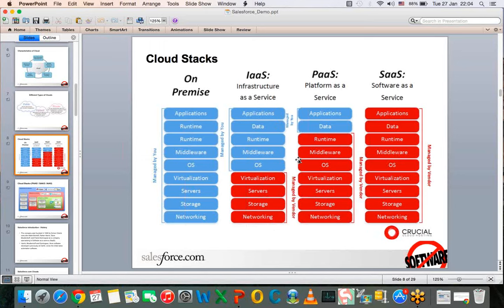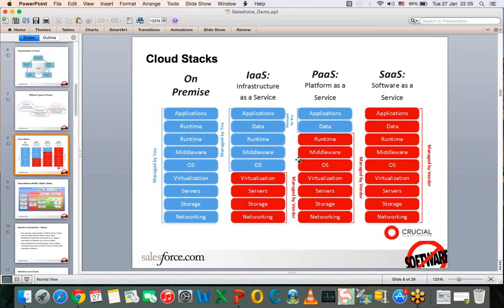The example would be a license from Citrix or VMware. With VMware, you need not worry about the networking, storage, servers, and virtualization.